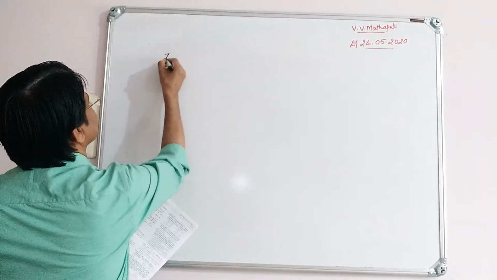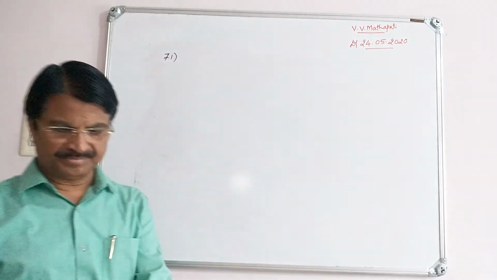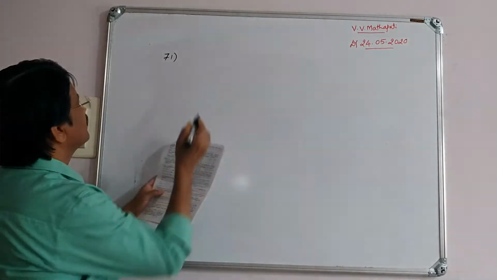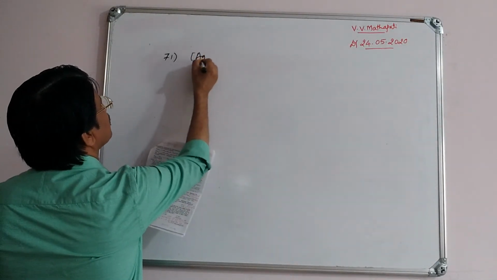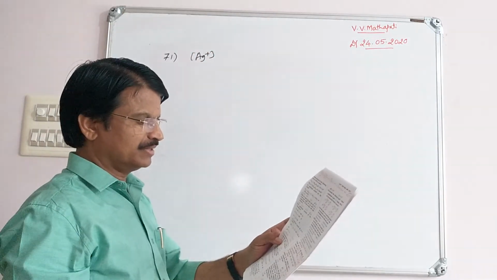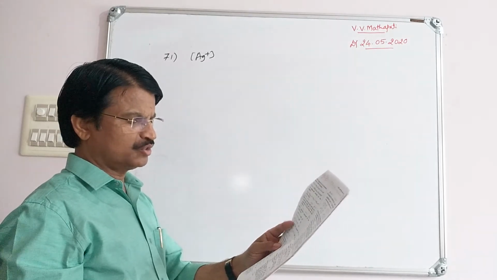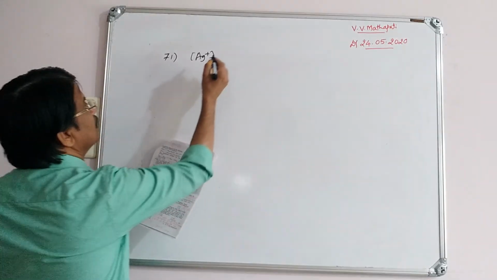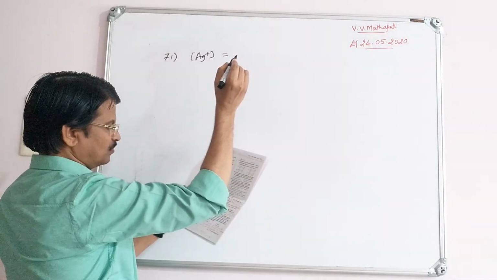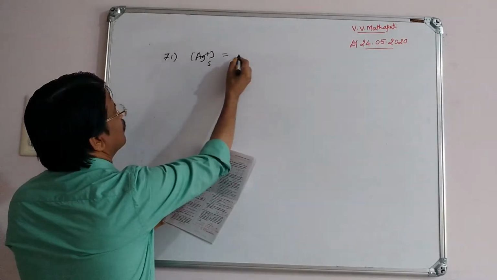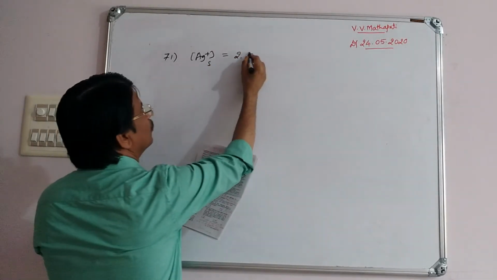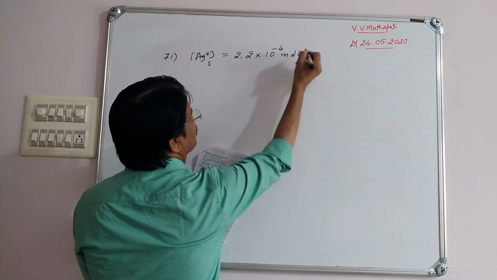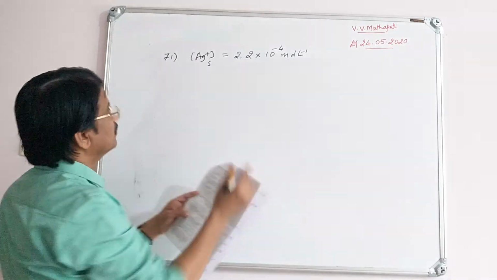The concentration of Ag plus ions in the solution is given, and we need the solubility product of Ag2CrO4. That is, the Ag plus concentration is given in the question, 2.2 into 10 to the power minus 4 mole per liter, and we find the solubility product Ksp.